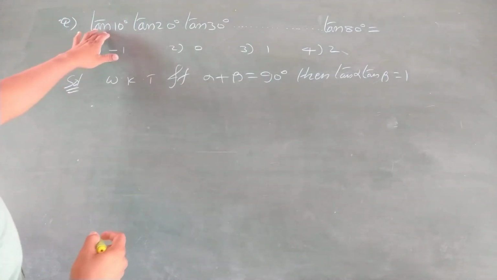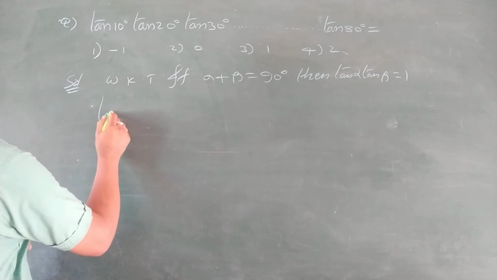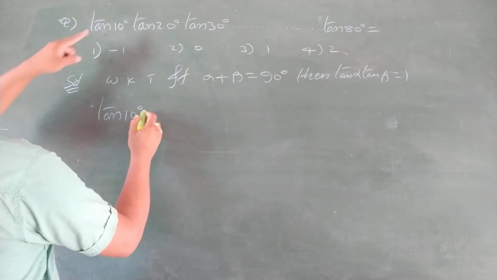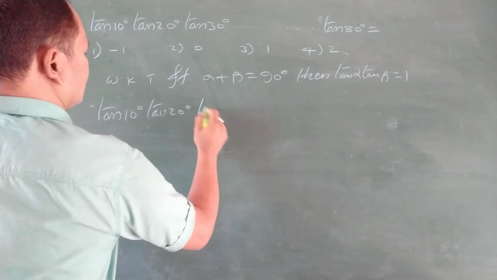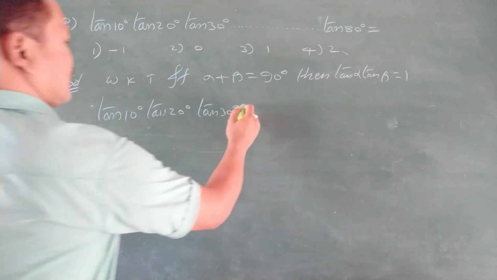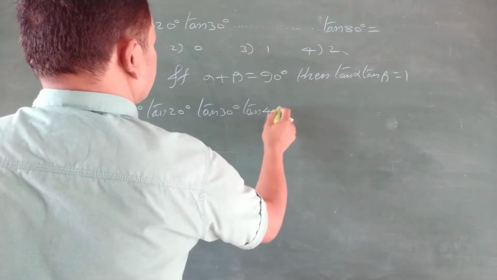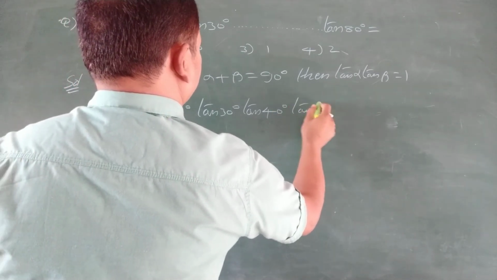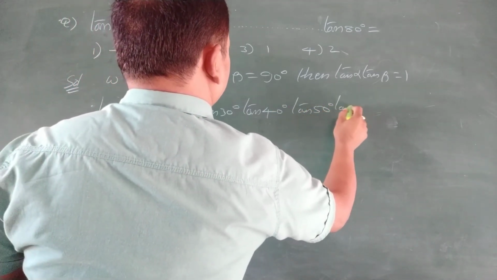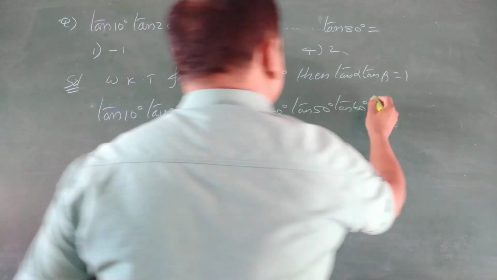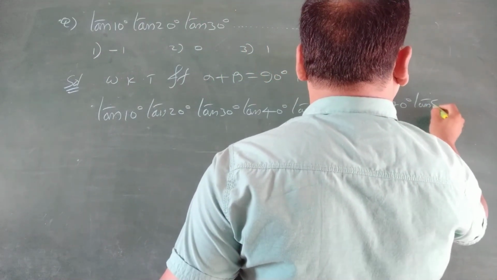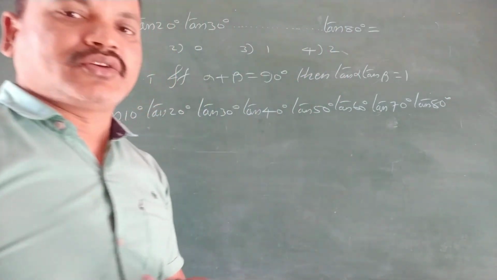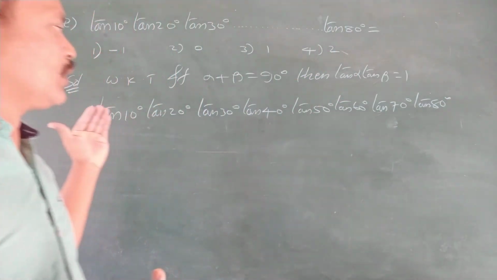That's why we can write: tan 10 degrees, tan 20 degrees, tan 30 degrees, tan 40 degrees, tan 50 degrees, tan 60 degrees, tan 70 degrees, tan 80 degrees. So we have to write all the product.